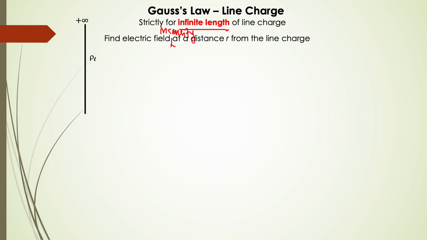We have discussed this question by using Coulomb's law, if you still remember, and we are able to obtain the value of E equal to rho L over 2 pi epsilon naught r in the r direction, volts per meter.